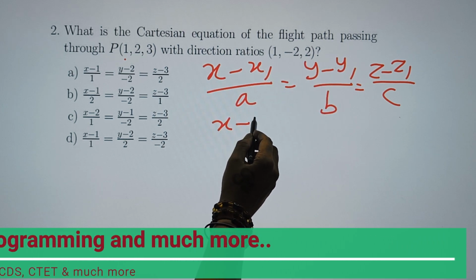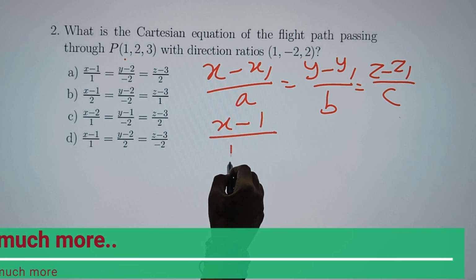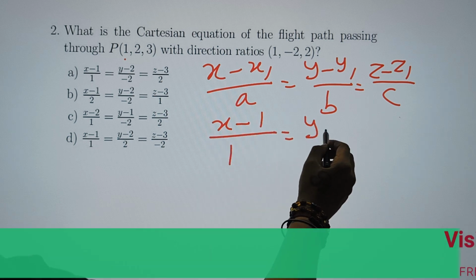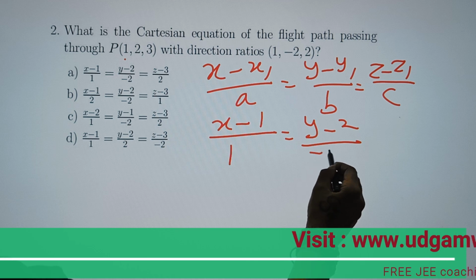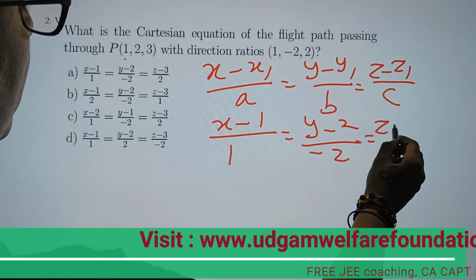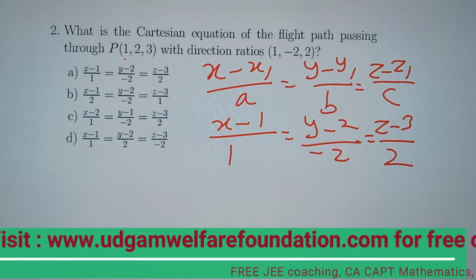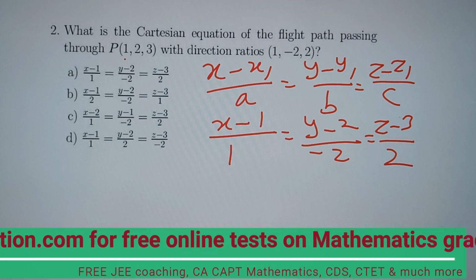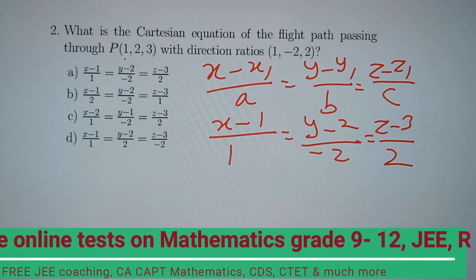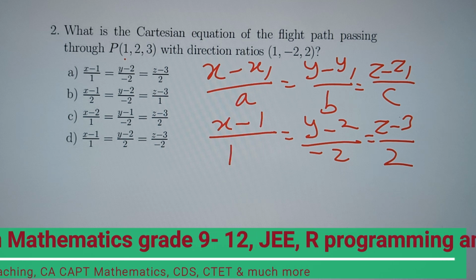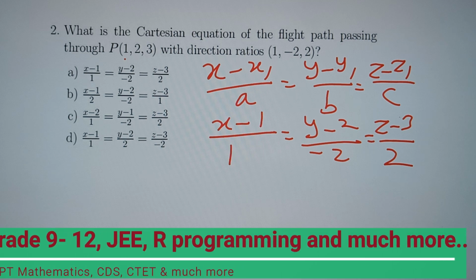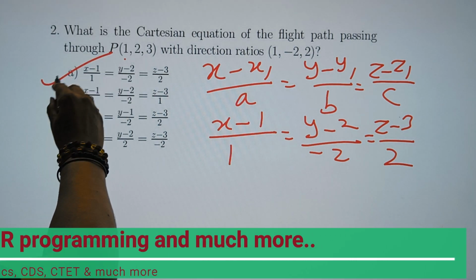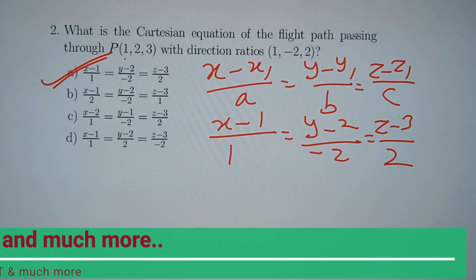Hence our required equation will be (x minus 1) over 1 is equal to (y minus 2) over minus 2 is equal to (z minus 3) upon 2. So this is our required equation. Now let's match with our given options: (x minus 1) upon 1, (y minus 2) and (z minus 3). Hence we can say that option A is the correct answer here.